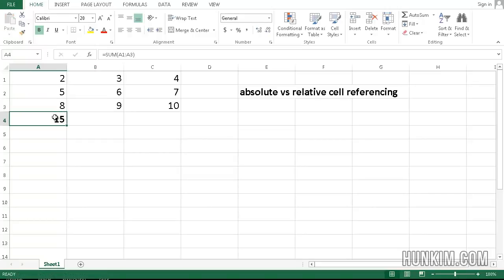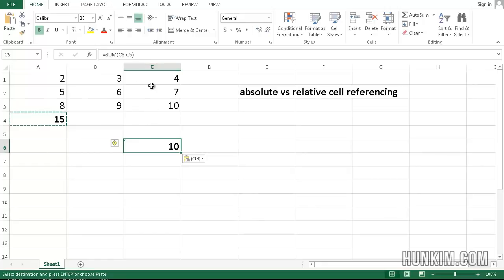Now what if I were to copy this, Control C, and paste it over, let's say, down here? What do you expect the number to be? Can you guess? Control V. It's 10. Why? Because we're copying the pattern of adding up the 3 numbers above it. Nothing plus 10 is going to be 10.